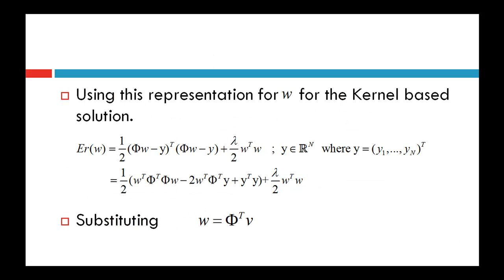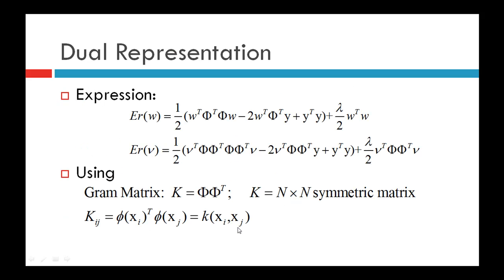So substituting the solution w is phi transpose nu, we get the error function in terms of the vector nu, which is given as half of nu transpose phi times phi transpose phi times phi transpose nu minus twice nu transpose phi times phi transpose y plus y transpose y plus lambda over 2 nu transpose phi times phi transpose nu.